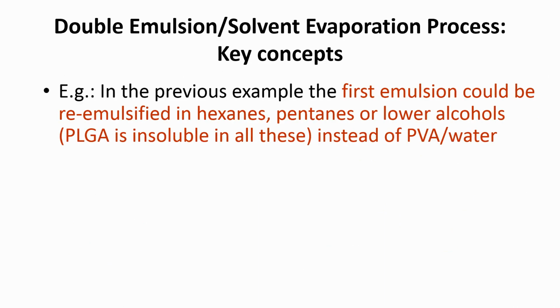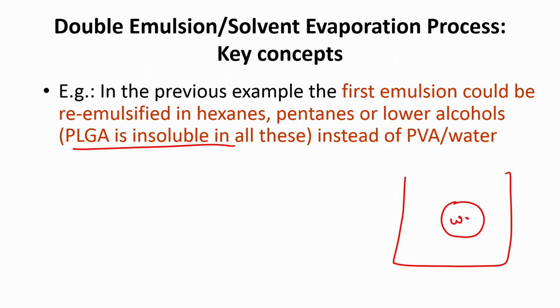An example of that is the first emulsion could be re-emulsified in hexanes or pentanes, and the PLGA is insoluble in all of these, right. Essentially, what we are talking about here is you will have water, and you will have a shell of oil after the first emulsion, after the second emulsion, and let us say this oil is DCM.